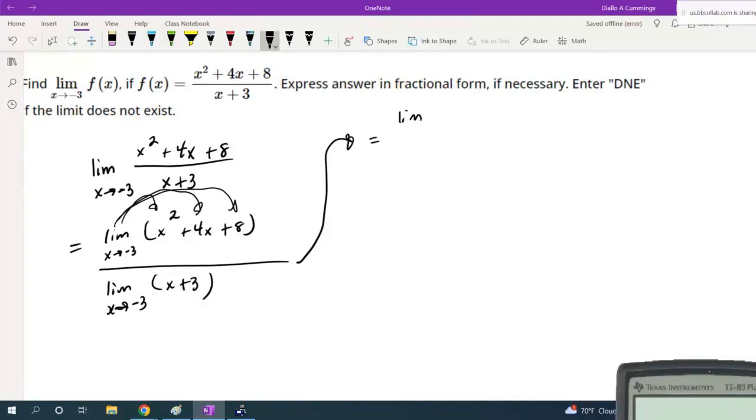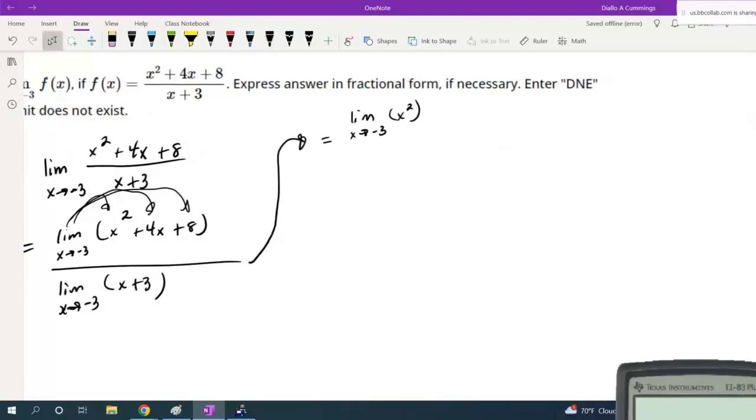So this is the limit as x approaches -3 for x squared, plus the limit as x approaches -3 for 4x, plus the limit as x approaches -3 for 8.